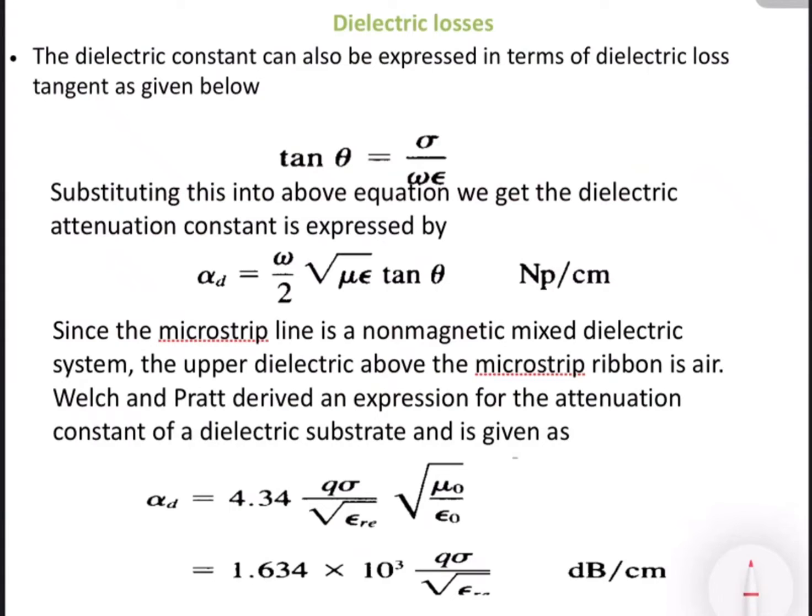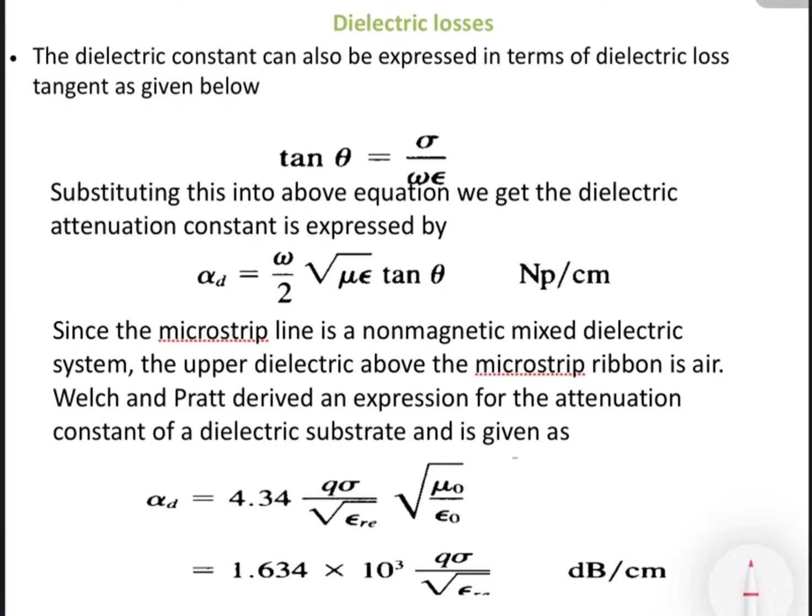Once again, the dielectric constant can always be expressed in terms of the dielectric loss tangent, where tan theta is equal to sigma by omega into epsilon.